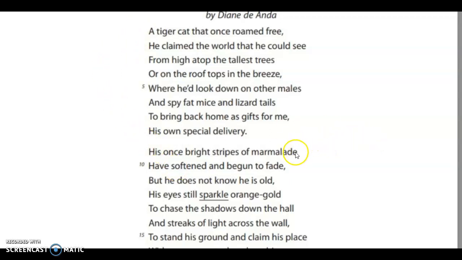Some of you may know marmalade is like a jam or a jelly. It's a fruit preserve. So they're comparing his stripes to a jelly, basically, like the color. And we can tell that by them saying that they began to fade.